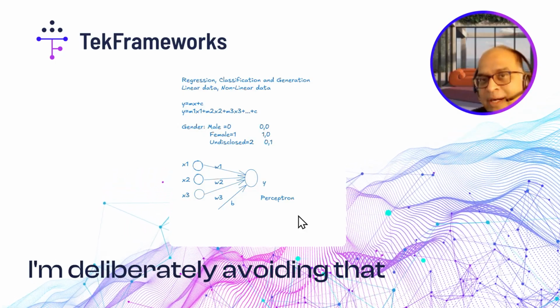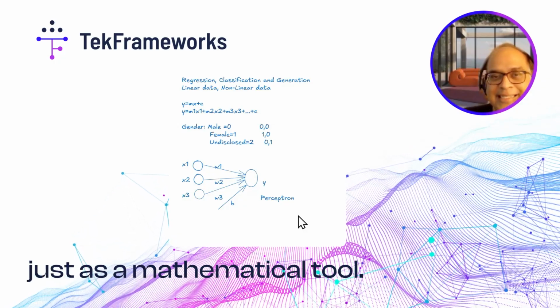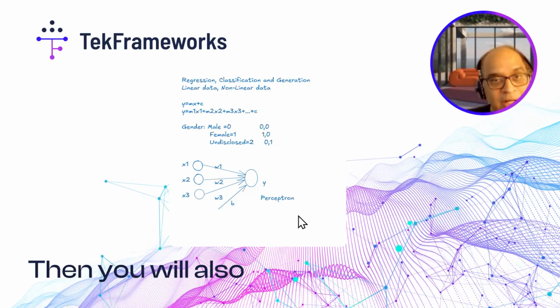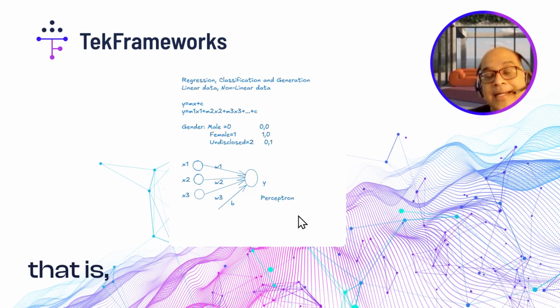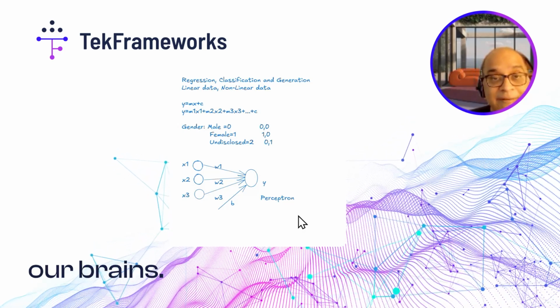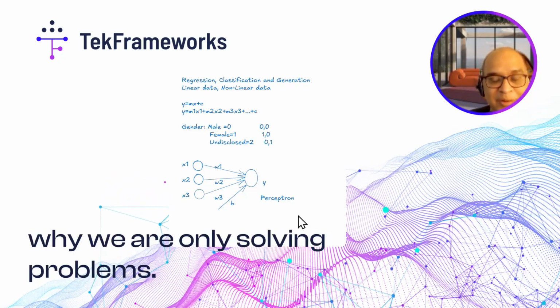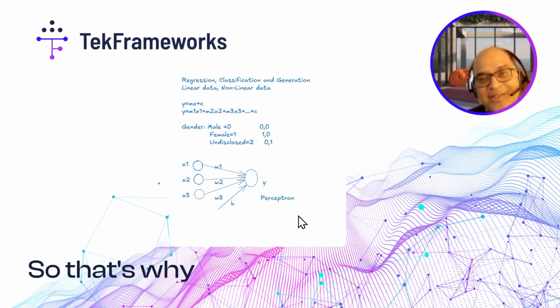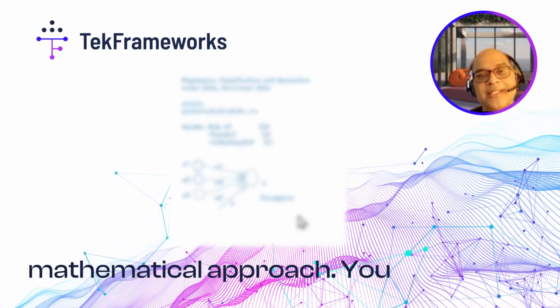I'm deliberately avoiding that because I want you to see it just as a mathematical tool. Then you will also start appreciating why these models are not necessarily our brains, why we are not replacing humans, why we are only solving problems, right? So that's why I'm deliberately only taking a mathematical approach here.